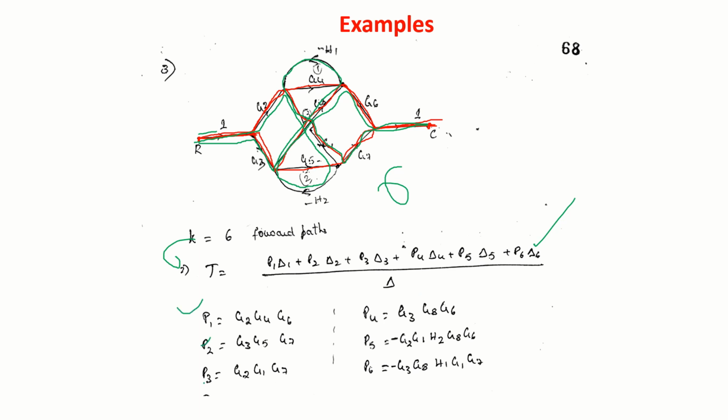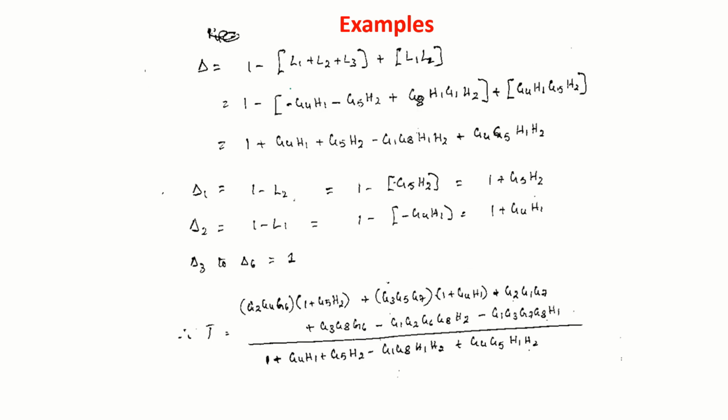Then find P1, P2, P3, P4, P5, P6. Then find delta. Okay. Right. How many non-touching loops and all.